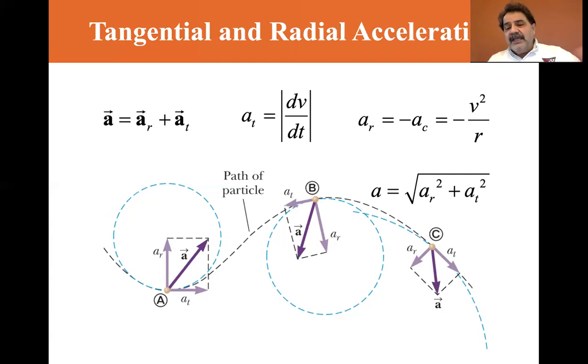Look at point C, where the circle is very broad. The radial acceleration is much smaller than it is at A or B, because you're not changing direction as much on that large circle. And I think that's all I needed to say about that.